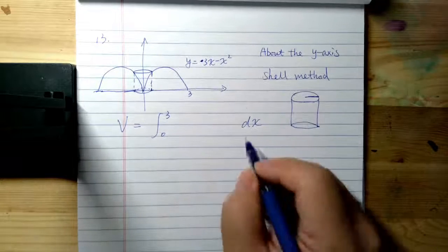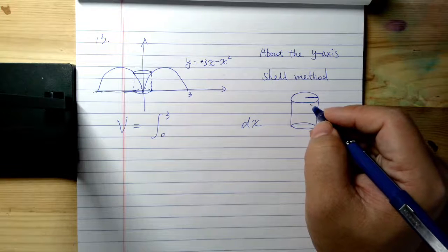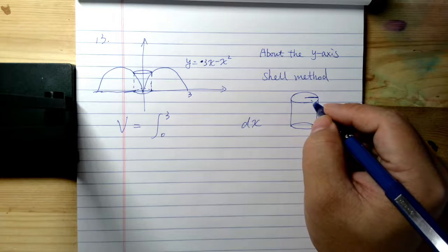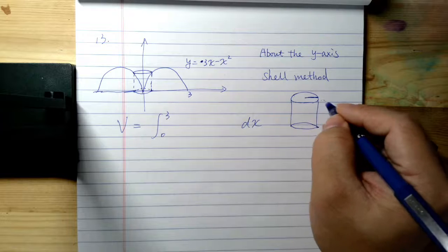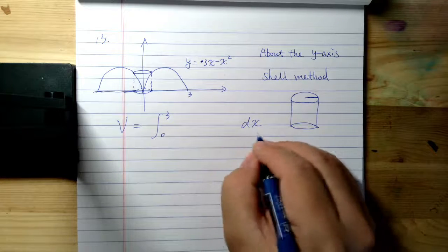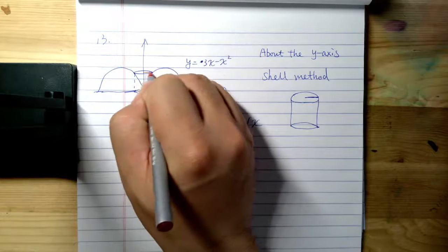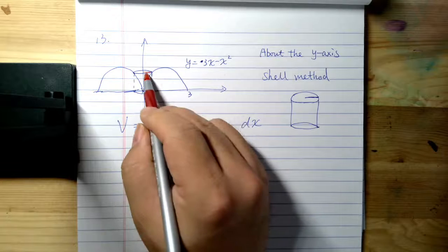So with that in mind, you see this is the thickness. All we need to do is figure out the radius and the height, and then we're done. Both of them in terms of x. You can see that the radius is exactly the x here.